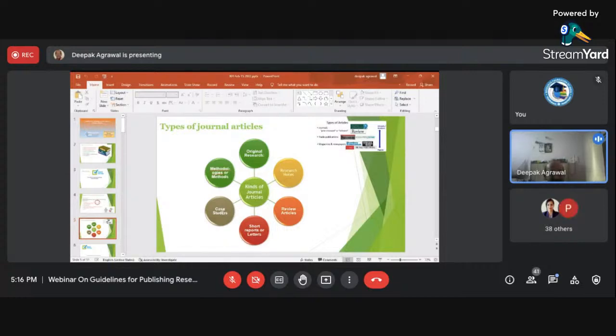So nothing like that. Even you can start your publication in national journals. Then journal articles can also be in the form of methodologies, or you can say methods.